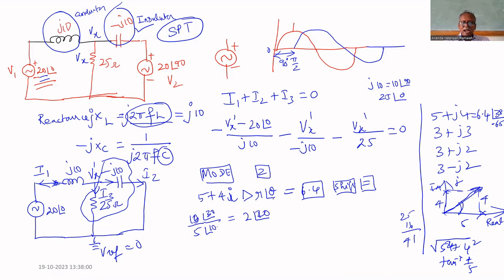Suppose you have to add these two: 10 angle 30 divided by 5 angle 10, plus 20 angle 25 divided by 3 angle 5. Suppose this is in rectangular form. Then you have to convert it into polar form, then you have to divide, if you want to do it yourself.